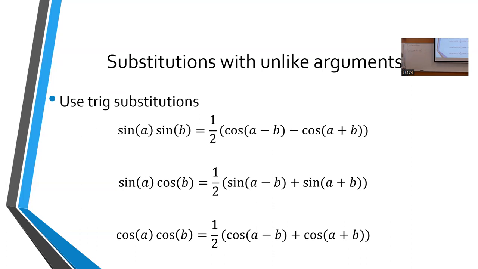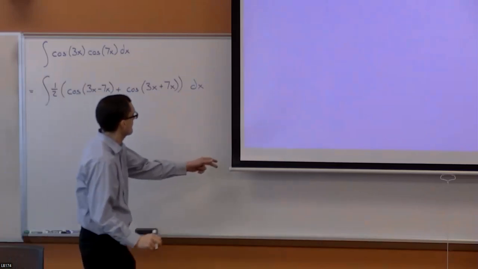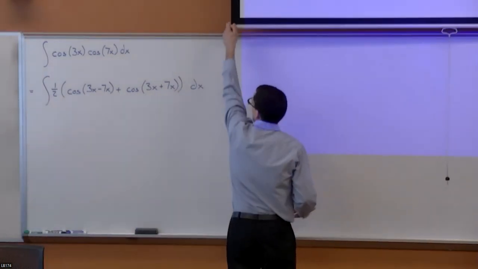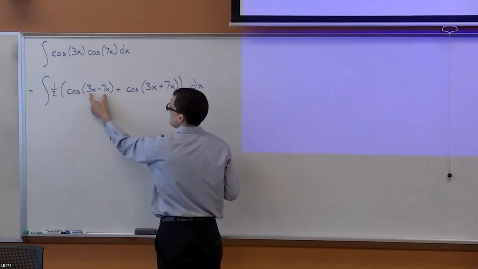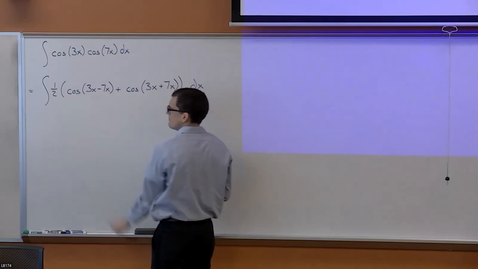Plus cosine of A plus B. In our case, that would be 3x plus 7x. So cosine of A minus B plus cosine of A plus B, all multiplied by half.